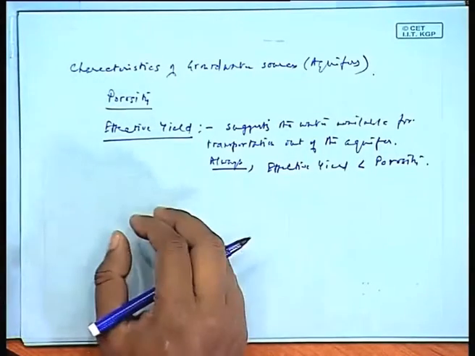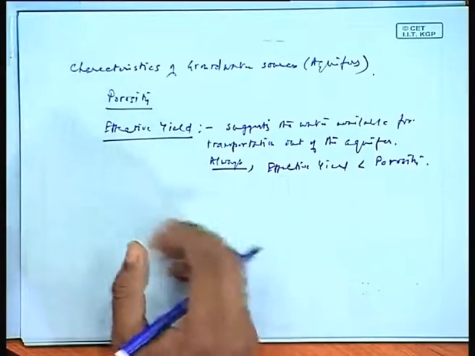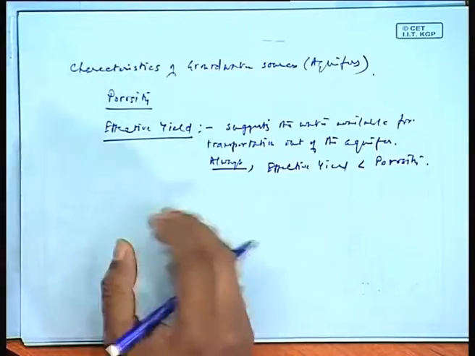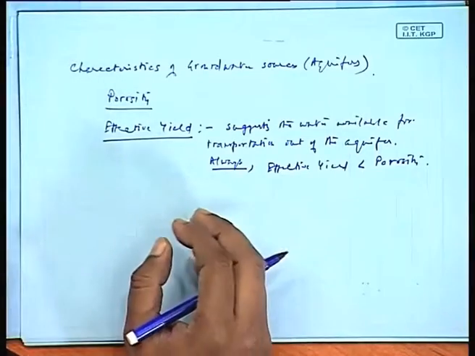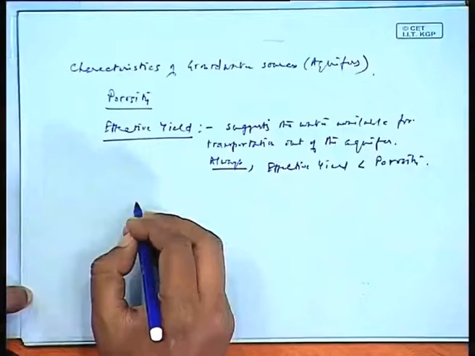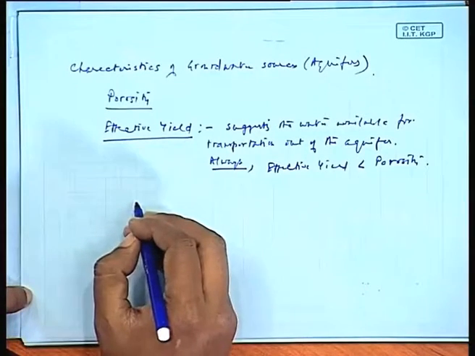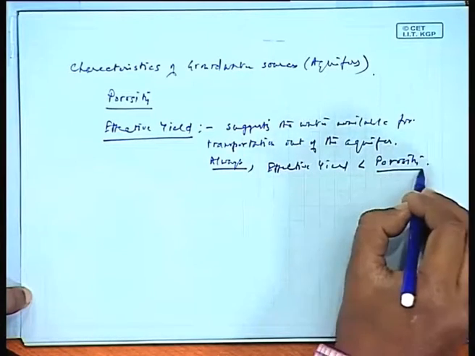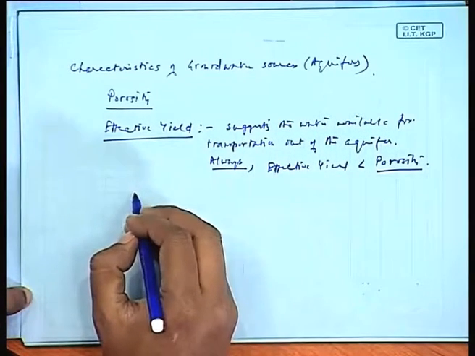Even if the contained water may be 30%, whatever is available for transportation may be only 20% of the volume. So the porosity would always be more than the effective yield, or effective yield would be less than the porosity.